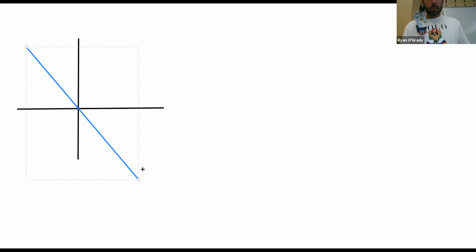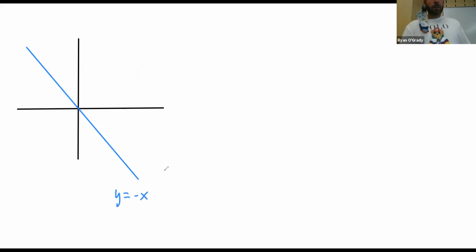So what do we have? We have the line y equals negative x, so I'll draw that in blue. That is going to look like this. This is the line y equals negative x.